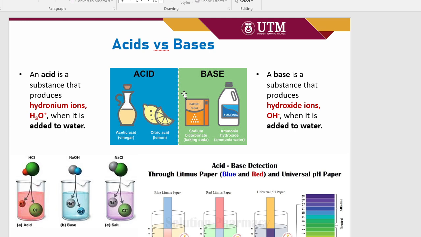If these kinds of solutions go through litmus paper, which tells us the pH, the acidity or the basicity, the litmus paper will be purple in bases and red in acidic solutions.